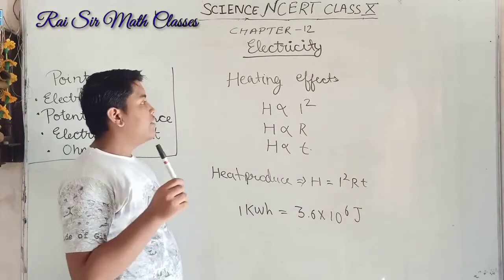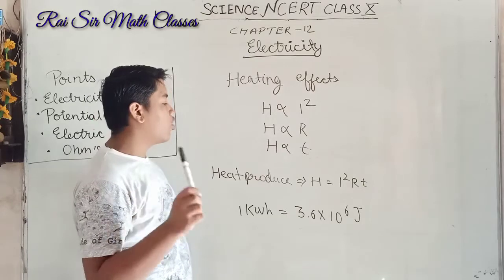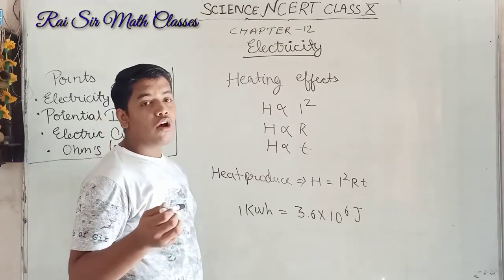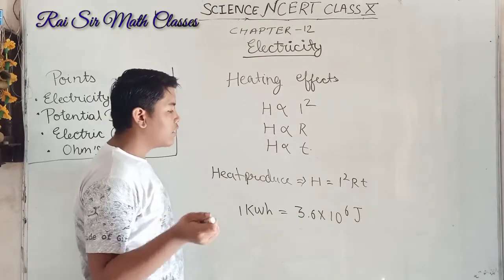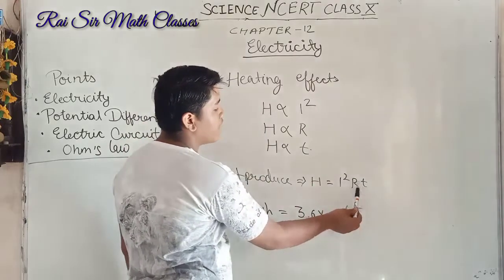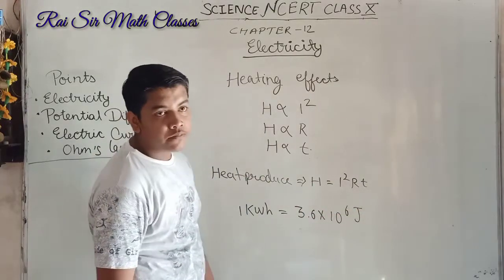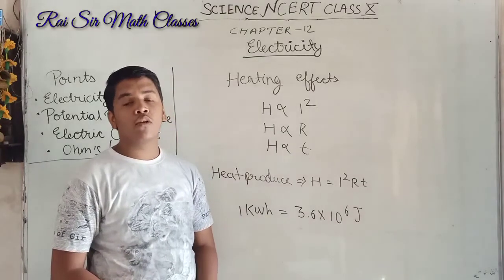So by this statement we got the formula for the amount of heat produced: H is equal to I square RT.